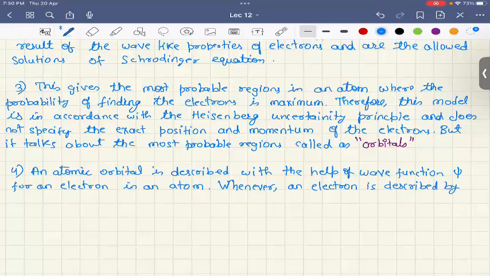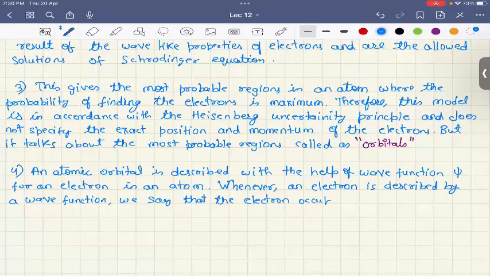Whenever an electron is described by wave function, we say that the electron occupies that orbital, right?